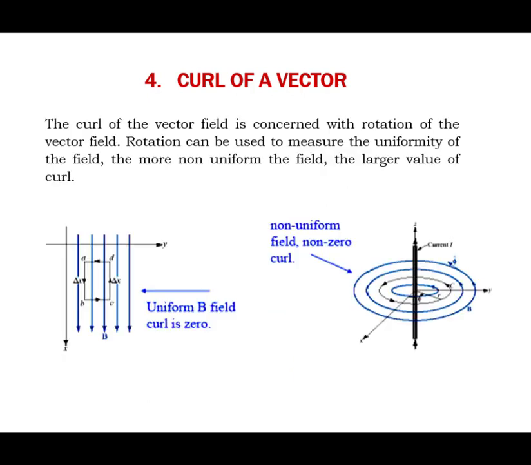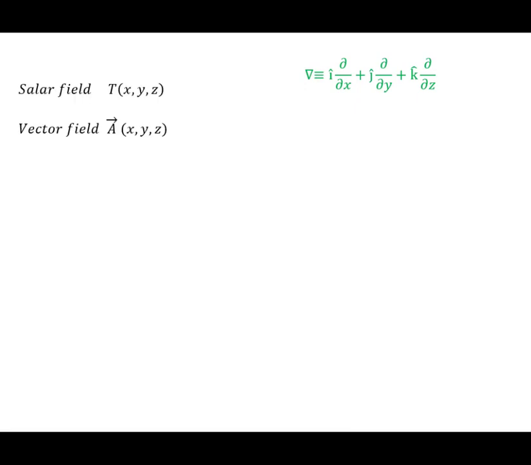If you have a current carrying wire, then the magnetic field around that wire is rotating with the center at that wire. So there is a curl in the magnetic field around any current carrying wire. Up to now, you have come to know about the del operator, and this is operated on a scalar field and on a vector field.